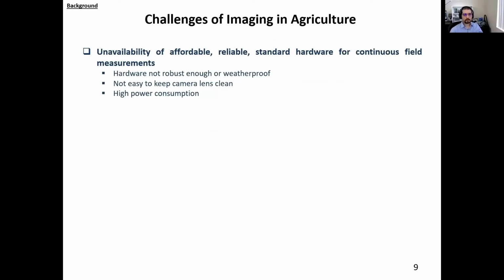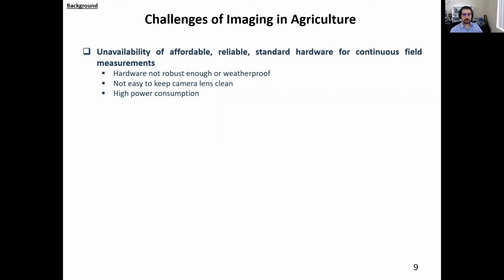The camera hardware is usually not robust enough or waterproof to be used directly in the field, to be left in the field for continuous monitoring for an extended period of time. One of the problems that I have personally faced is that it's not easy to keep the camera lens clean, if you can even manage to somehow protect it in the field.